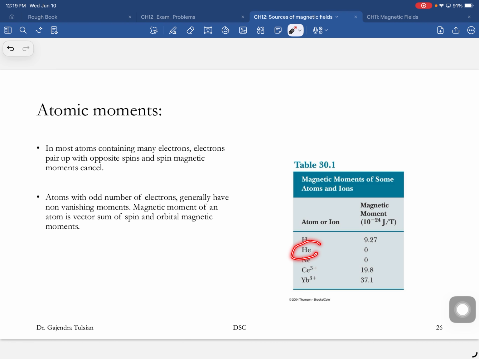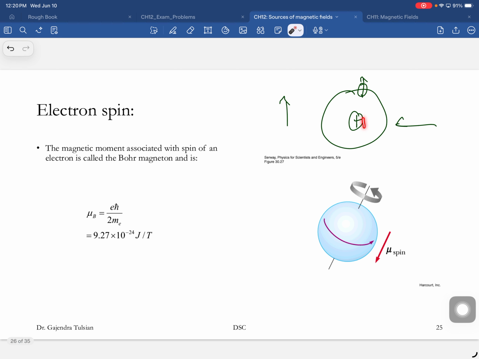For helium, the magnetic moment is zero. Why do you think it's zero? It has electrons. So for helium, here's the nucleus.